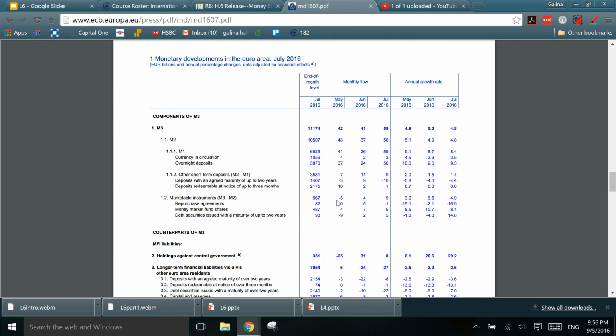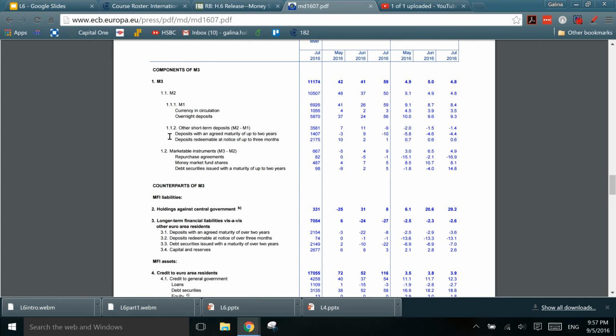And then if you want to really compare how the Fed and the ECB are measuring different money aggregates, you can look at these components of M3. And here it breaks you down into M2, of which M1 is a part, currency in circulation and overnight deposits, just like in the US, mostly overnight deposits. And then to get M2 that doesn't include M1, you have deposits with maturity of up to 2 years and redeemable at notice of up to 3 months.